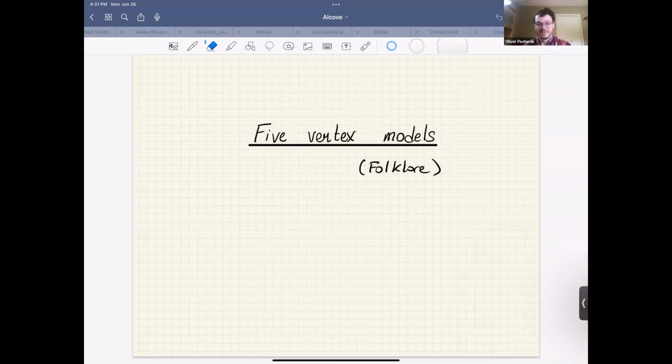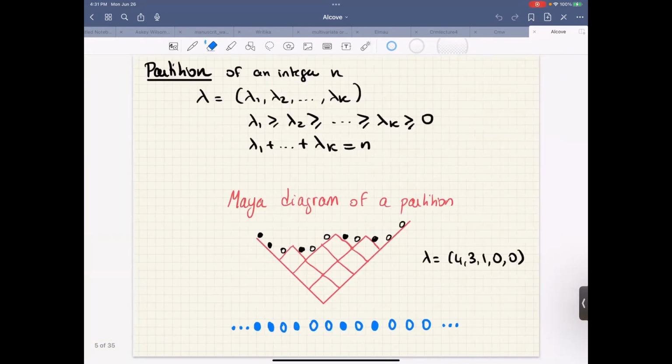Yeah, that looks great. Okay, so I'm going to start with the easiest model we can think of when we think about vertex models. There are many types of vertex models, but today I'm just going to stick to the 5 vertex model. They're always related to integer partitions.